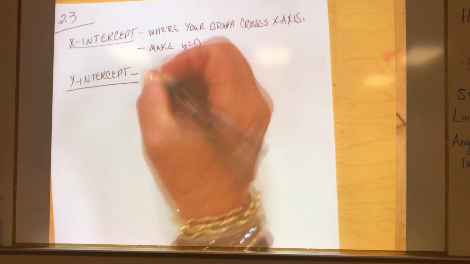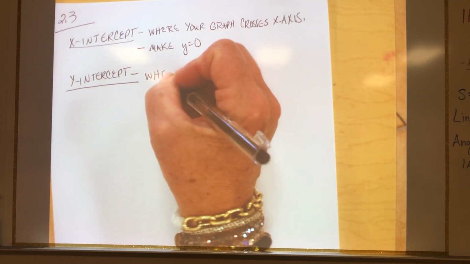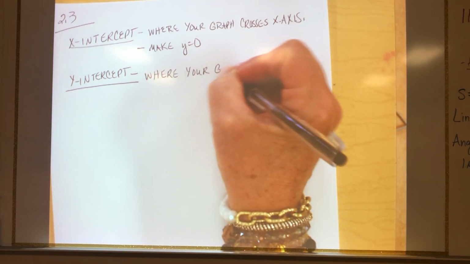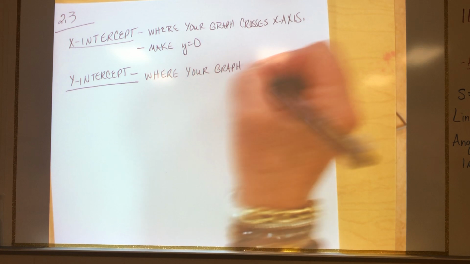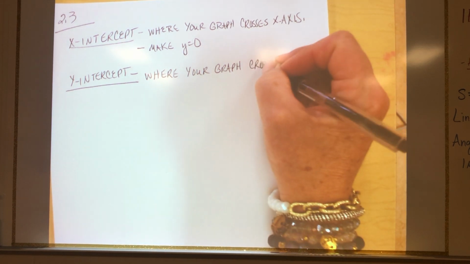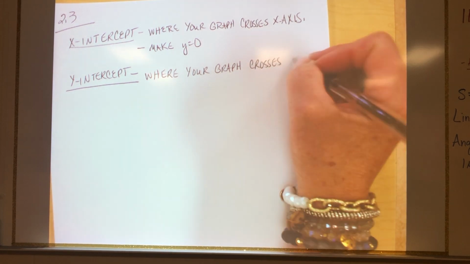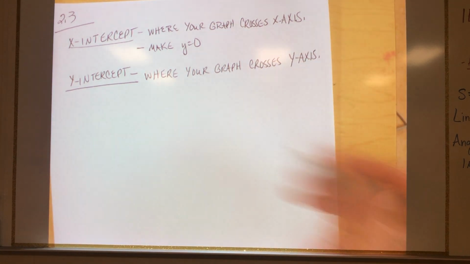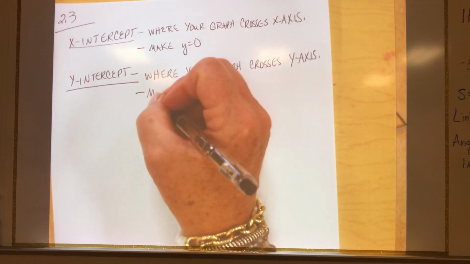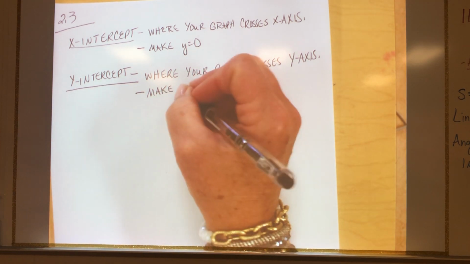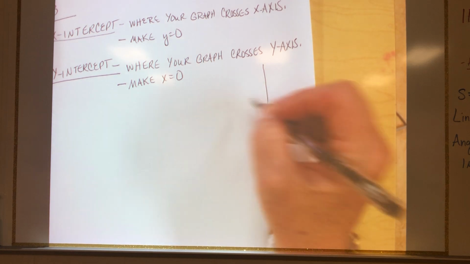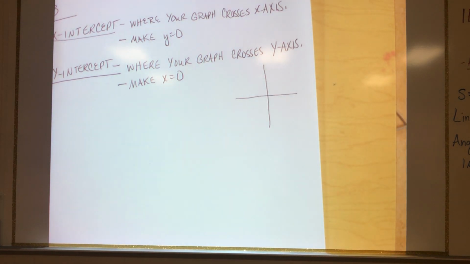Your y-intercept is where your graph crosses what? The y-axis. Yeah, where your graph crosses the y-axis, okay? And how are you going to find it? I'm going to make x equal 0, okay? So I'll show you a picture of what that looks like, and it may make it a little bit plainer for you.